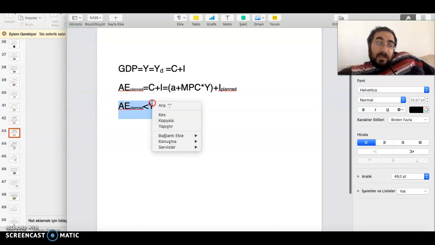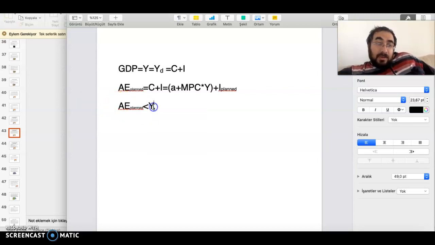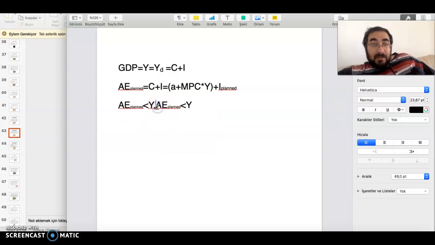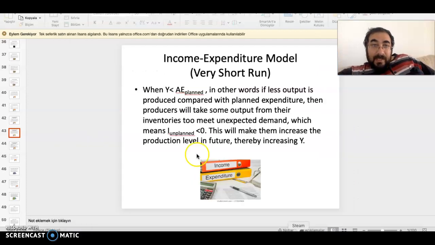So what will they do in this case? In the short run, this is the very short run, note that, they will stop producing as much. So they will decrease the production level. As a result, again, AE planned will be equal to Y, or the GDP level.